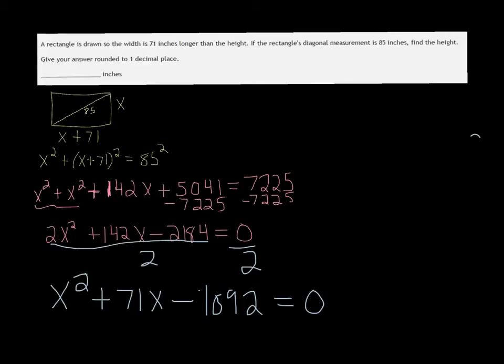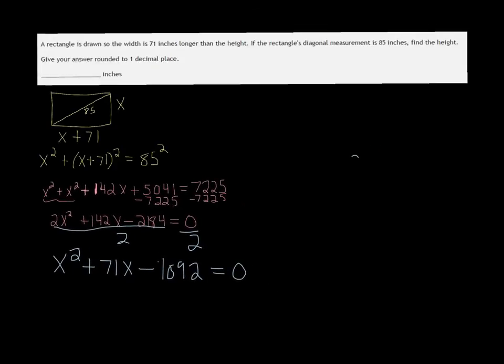So if we go into y equals on our graphing calculator and we type 1092 divided by x, and then go into our table, second graph, we want to find the pair that will add up to 71. And we know that one of those factors is going to be negative.